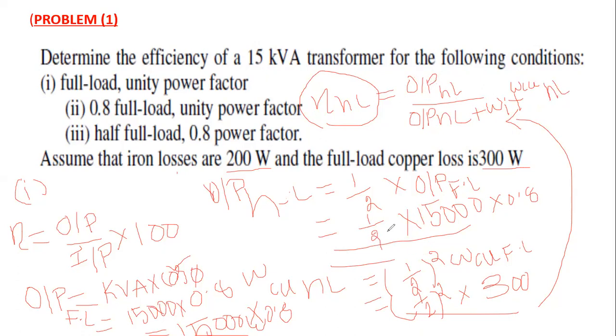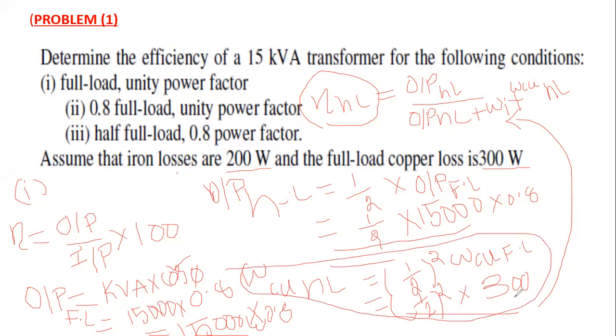That is 1 by 2 into 1500 into 0.8, by output of half load means 1 by 2 into 1500 into 0.8 plus iron losses means 200 plus copper losses. What is the half load copper losses?